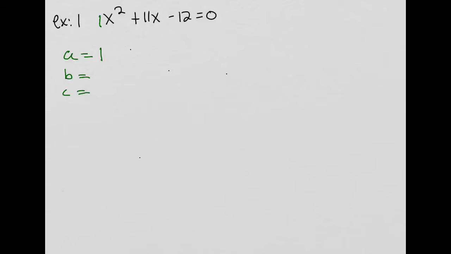The coefficient of B, or the second term, is 11. And C is negative 12. Now I'm going to substitute it into my formula. My recommendation to you is every time you are doing a problem like this, to rewrite the formula. That way you memorize it and it's easier for you.